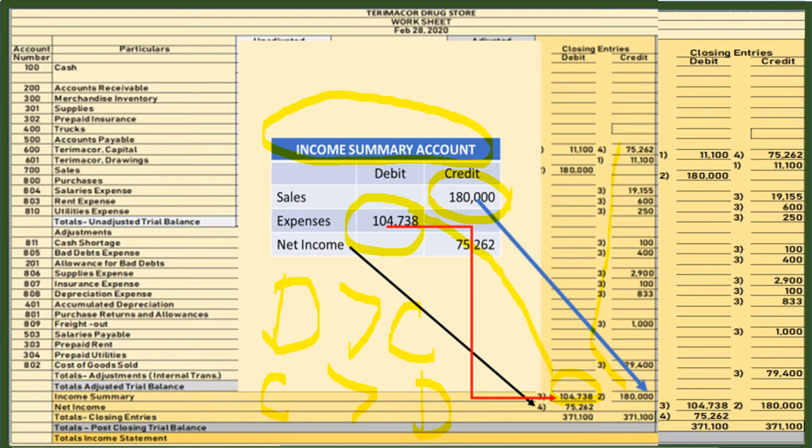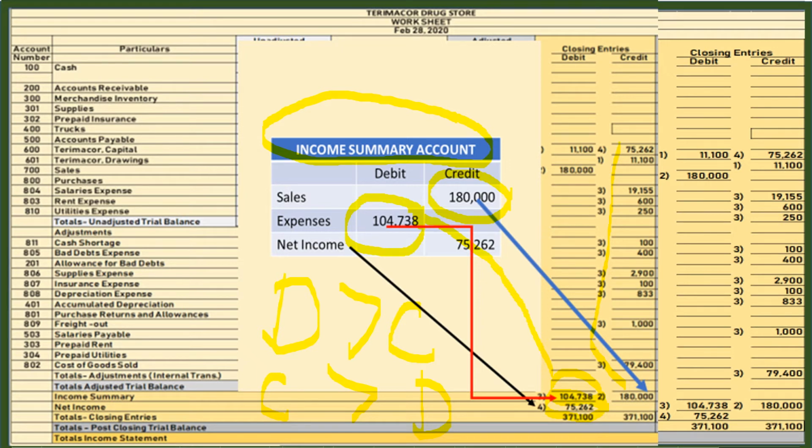Now, this is a net income. In the presentation of the closing entry section, it is put in the debit side because of our rule on balancing of accounts. We put the difference on the lighter side. So the lighter side here is the debit side, and the heavier side is the credit side.